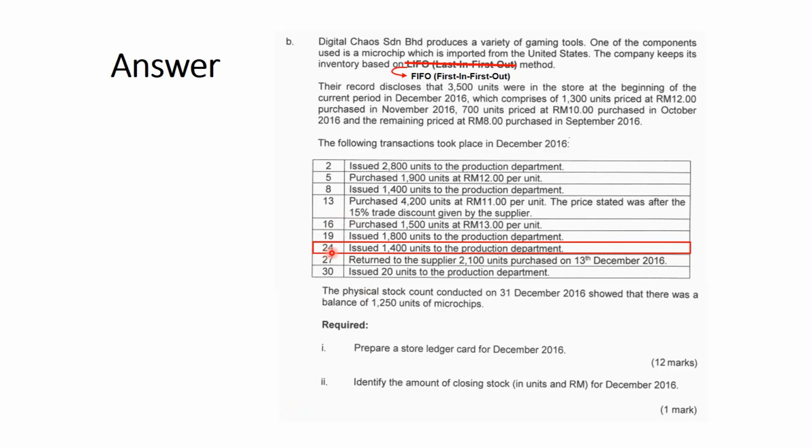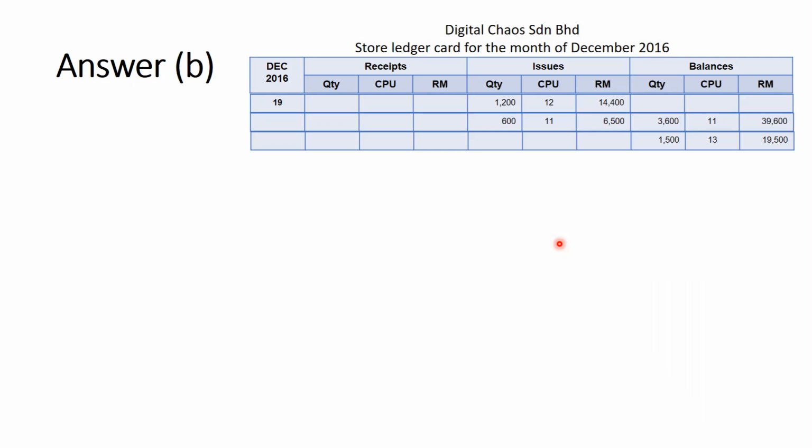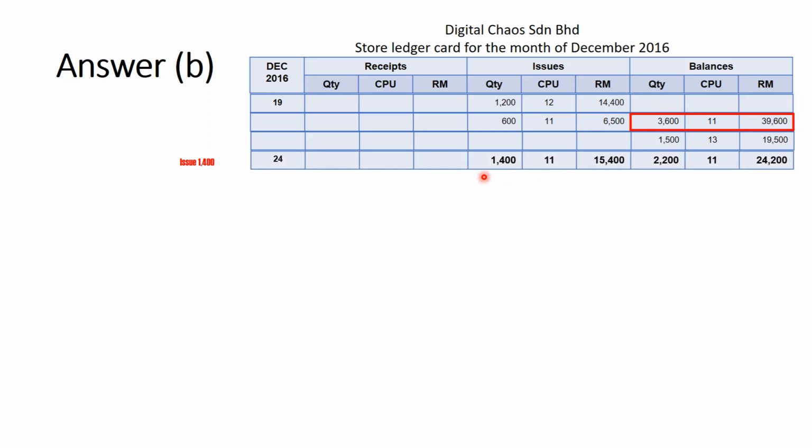Next is on 24th December, issued 1,400 units to the production department. We need to issue 1,400. So we take from the oldest batch, 1,400 at RM11 cost per unit.